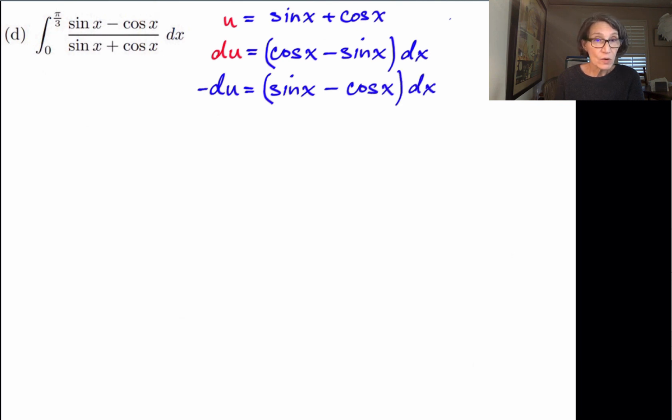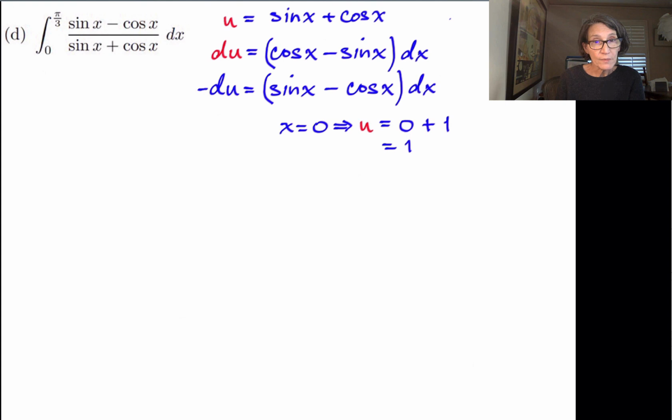All right, so I can make the substitution, get rid of all my x's and dx's, but now I have to also change my limits of integration. So when x is the lower limit, 0, u is going to be the sine of 0 plus the cosine of 0. So it's 0 plus 1, which is 1.